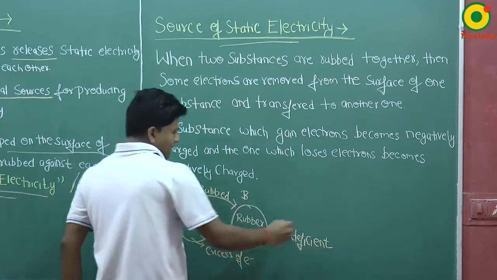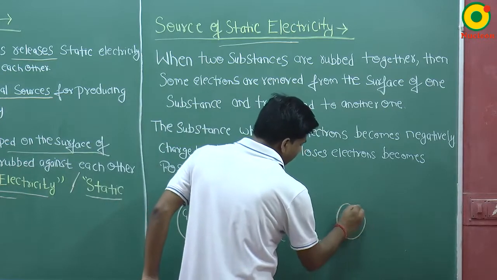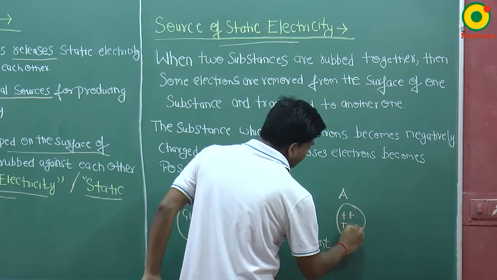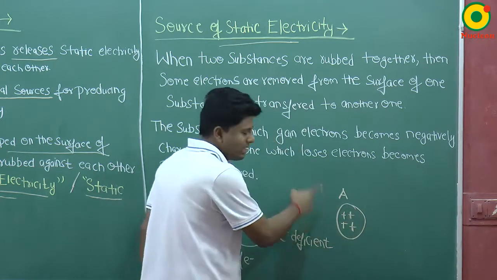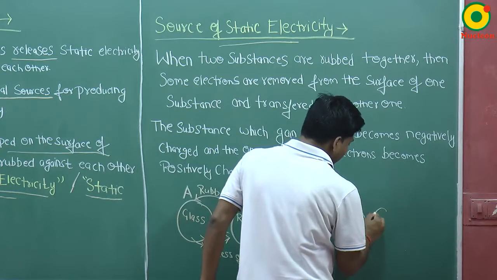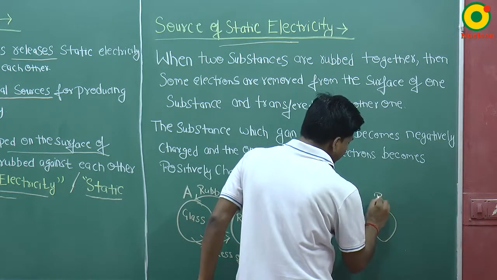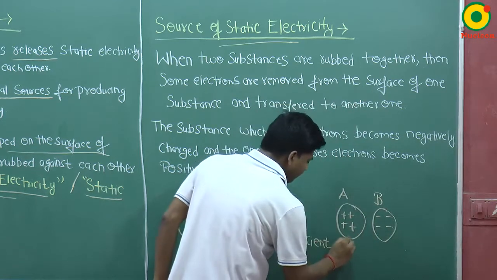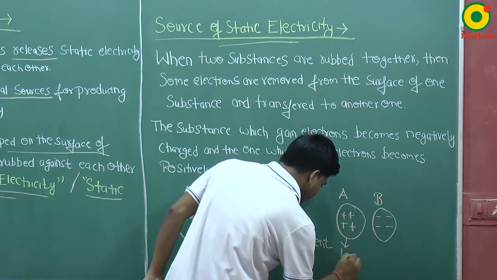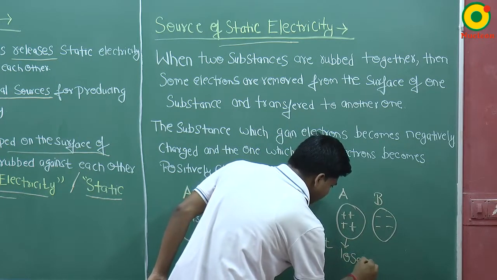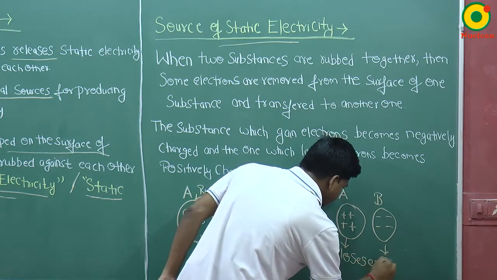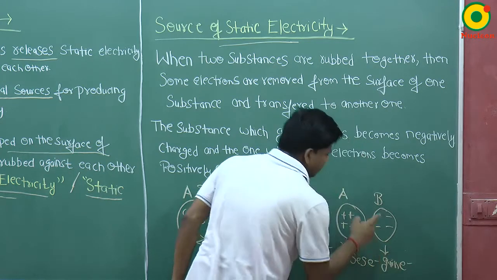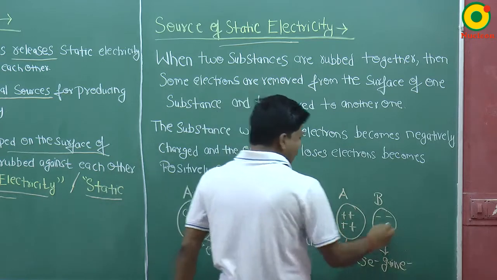Thus, due to this action, body A will become positively charged as it loses electrons, whereas body B will become negatively charged as it gains electrons.